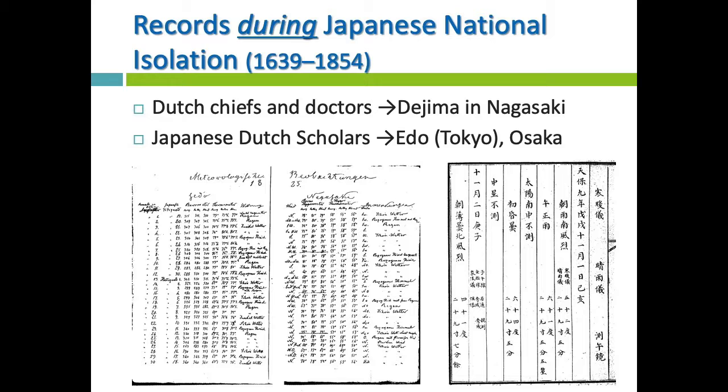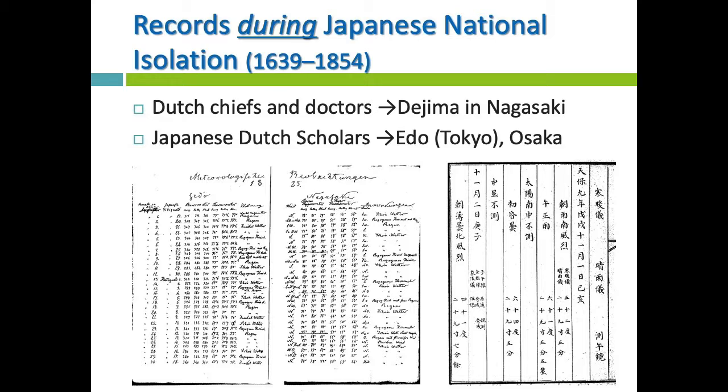These are the samples of meteorological records taken during Sakoku. Left picture is a handwritten record by von Siebold. This table contains sub-daily reports of atmospheric pressure, temperature, humidity, and notes about weather, including earthquakes in Edo in left page and Nagasaki in right page in 1825 September.